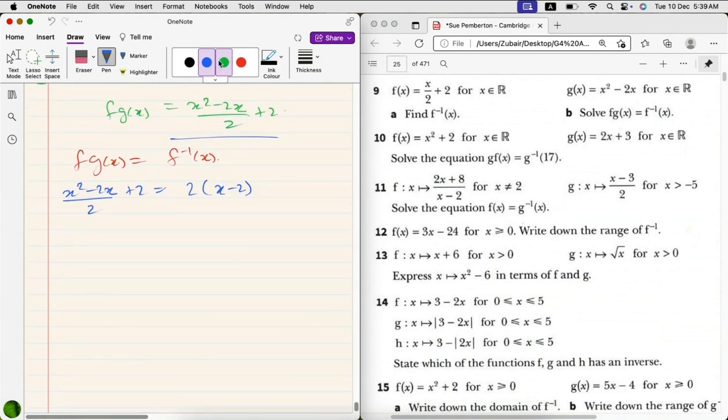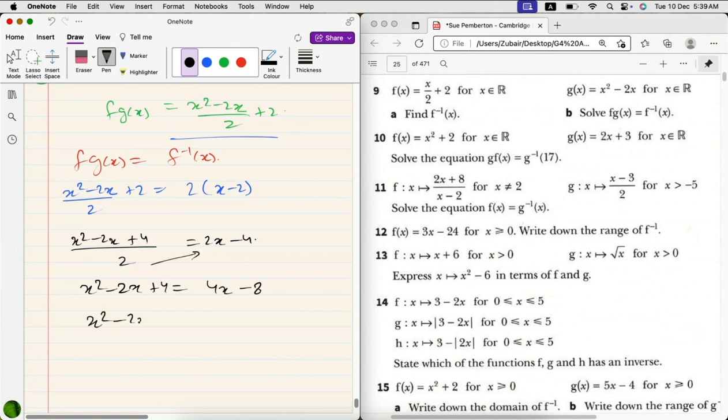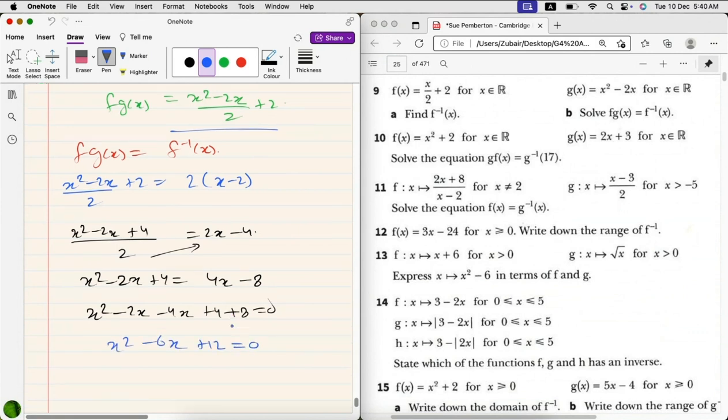Now we solve for x. (x square minus 2x plus 4) over 2 equals 2x minus 4. x square minus 2x plus 4 is equal to 4x minus 8. x square minus 2x minus 4x plus 4 plus 8 equals 0. x square minus 6x plus 12 is equal to 0.